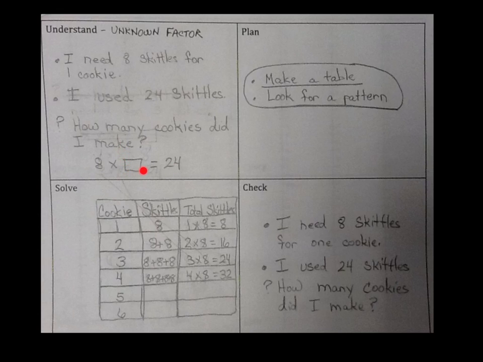The unknown factor is represented by this box right here. And in the story, you can see that I have one factor, 8 Skittles, times something equals 24 Skittles altogether. Notice that my story problem has the product in it. The 24 Skittles is what I used altogether, but what I don't know is how many cookies I made.